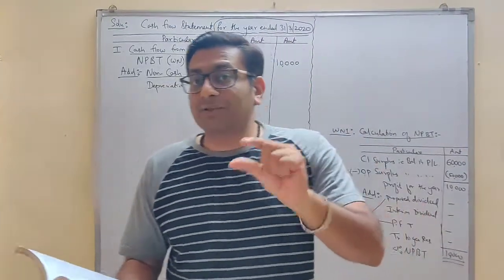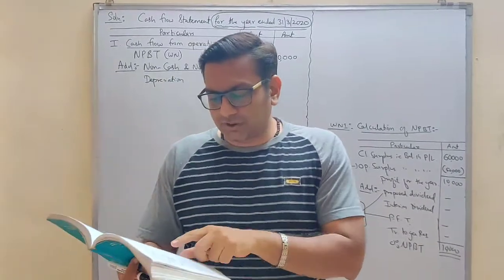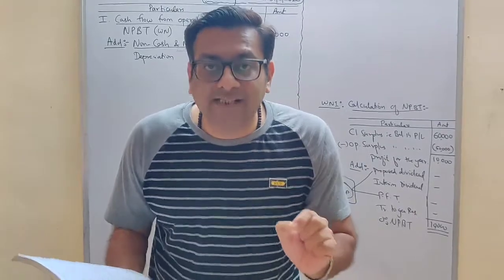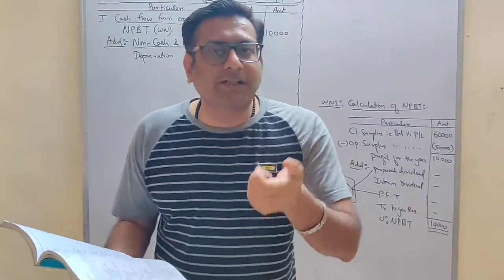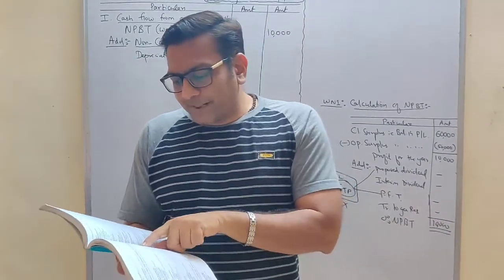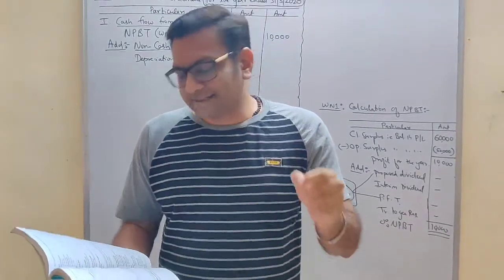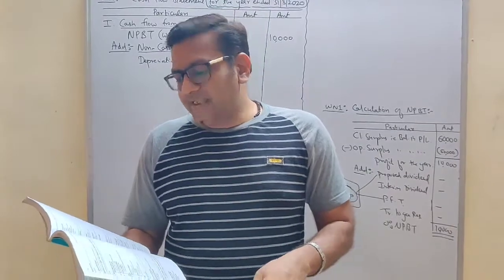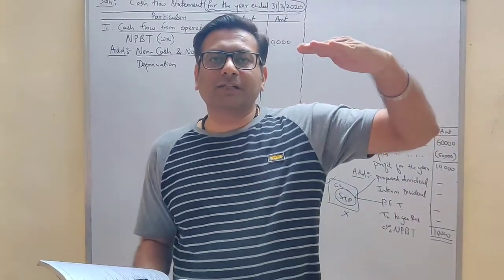Now let's check intangible asset in the question, students. Check your question. In the question they have given intangible asset and in brackets they have written goodwill. Let's check the balance. Opening balance is 60,000, and closing balance for this year is 45,000. So students, what is happening?